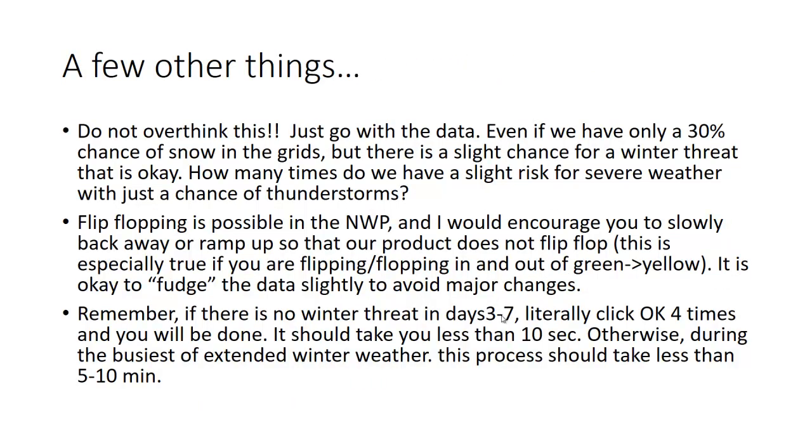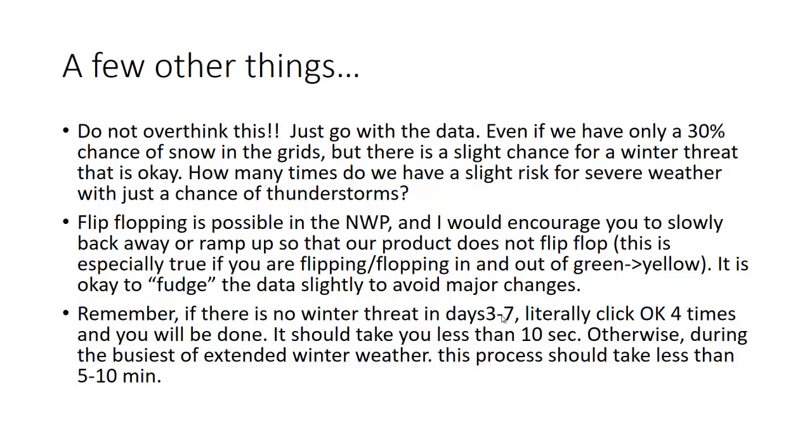So lastly, a few other things. Don't overthink this. Just go with the data. Even if we only have like a 30% chance of rain or snow in the grids, in the actual weather grid itself, you may find at times we may have a slight chance for a storm threat, and that's okay.